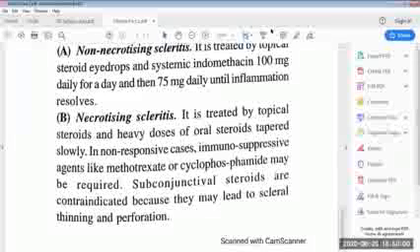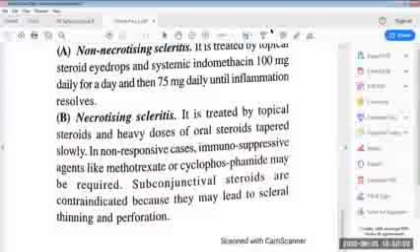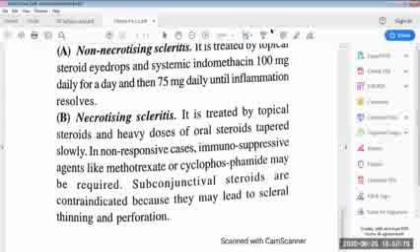So this was the treatment of scleritis, which is a serious disease as compared to the episcleritis and may lead to the blindness. Therefore, they should be treated first.